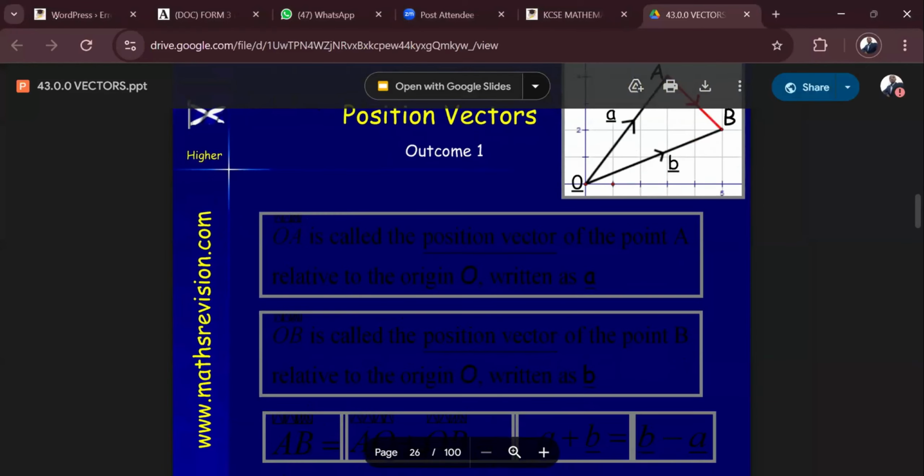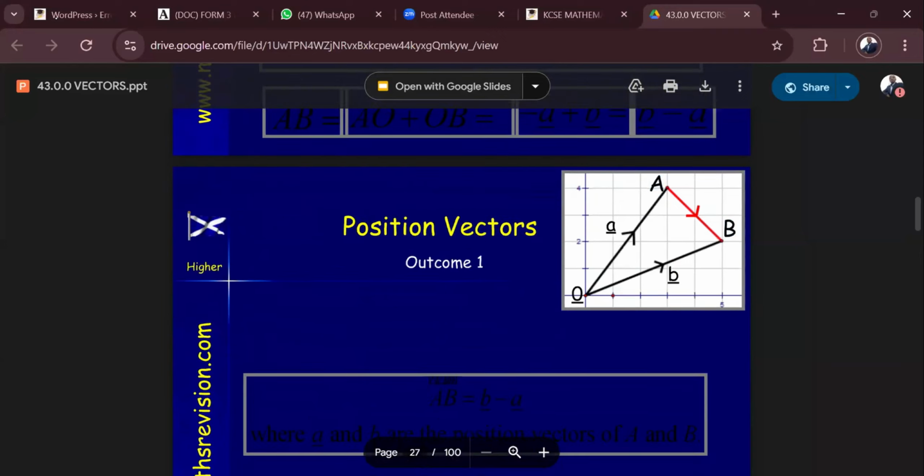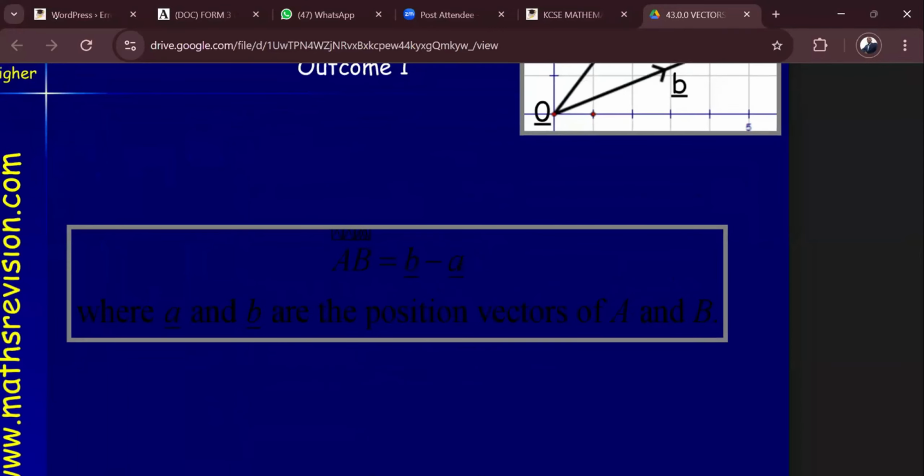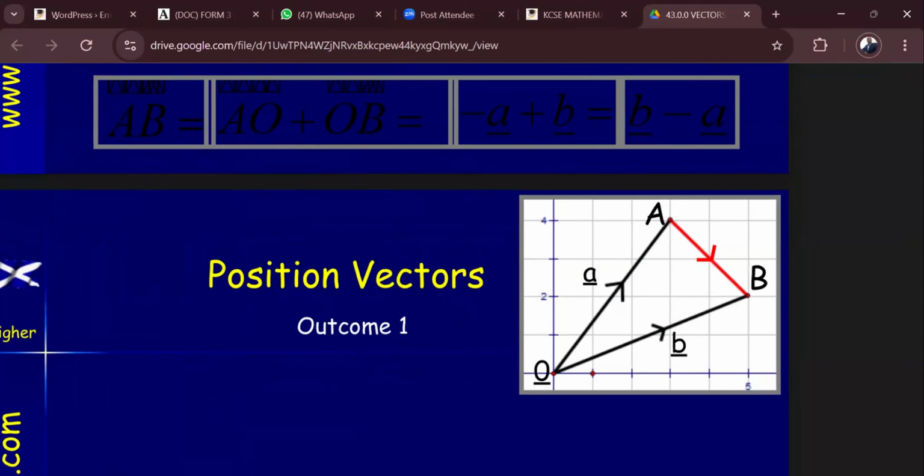The first thing is to check: am I moving against the direction that was given? If I'm moving against the direction, I have to remember to put a negative. That is why it is minus a plus b. For b there's no minus because it's moving towards the original direction that was given.